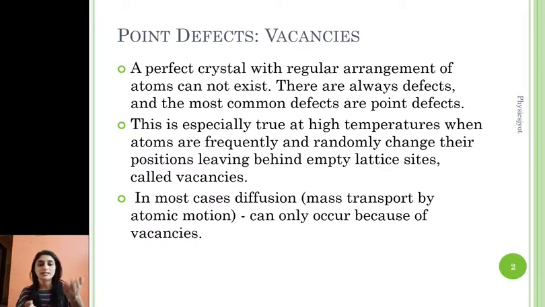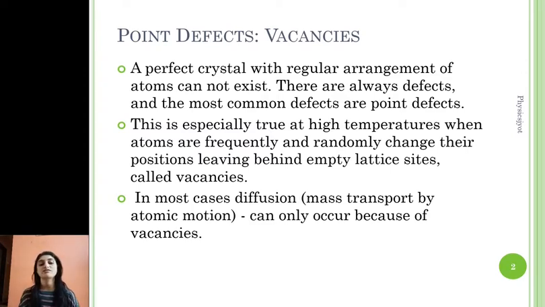When the temperature increases, these atoms start vibrating violently and randomly change their position, leaving behind an empty lattice site. When atoms vibrate with very high energy, they move to some other position, and an empty space is created in the lattice site. That empty space is called a vacancy.